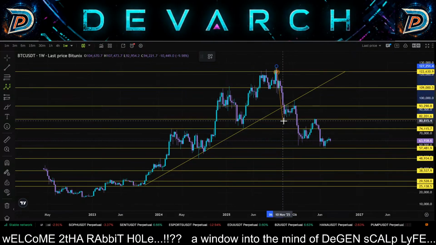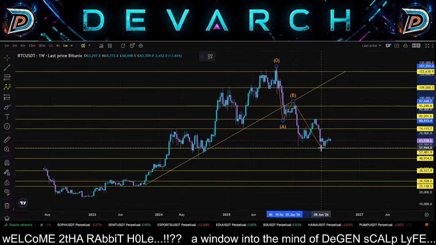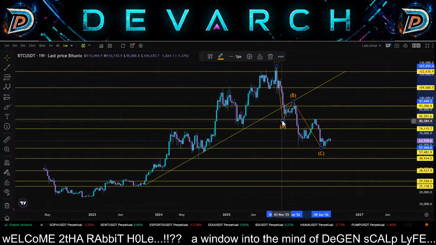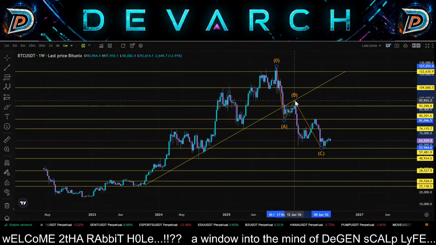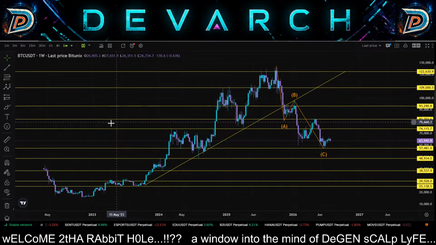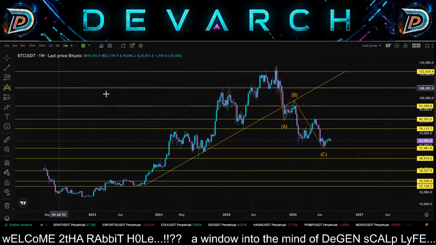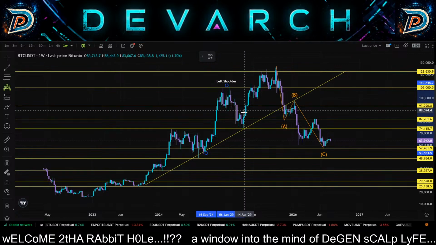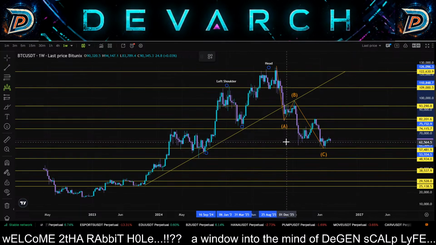So what I'm doing first is I'm marking up, like I said, the weekly chart, and I'm just kind of outlining the market structure here, so we can get a good idea of the bigger picture of what's happening.